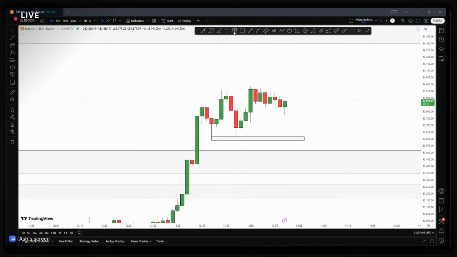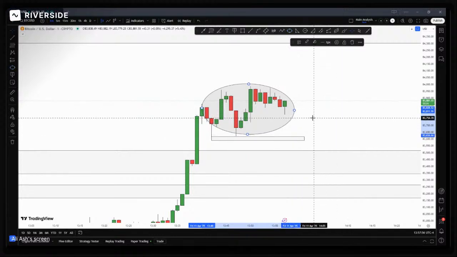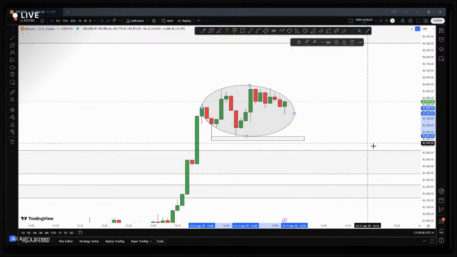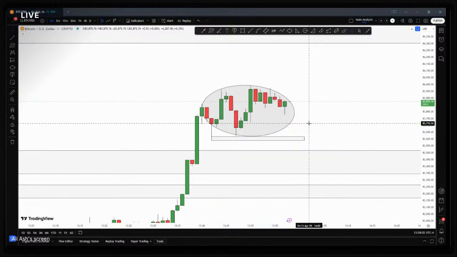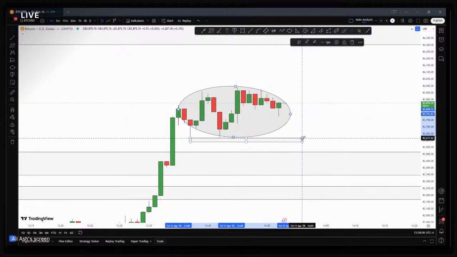Right now, ellipse is in the making, so wait for it to complete and then we can go for it. Yeah, that would be an optimal trading position.